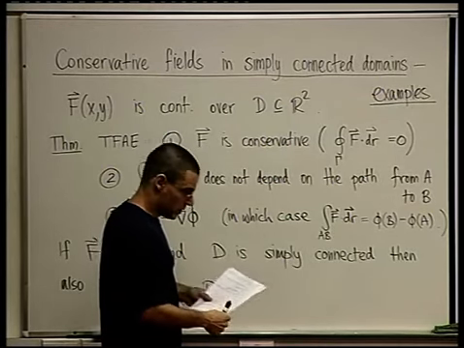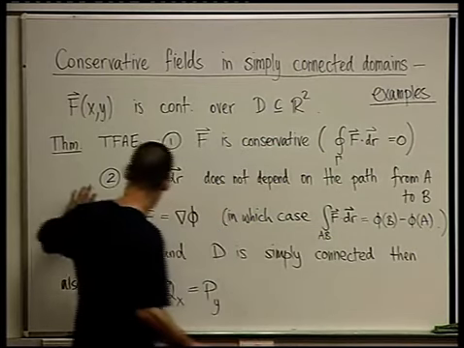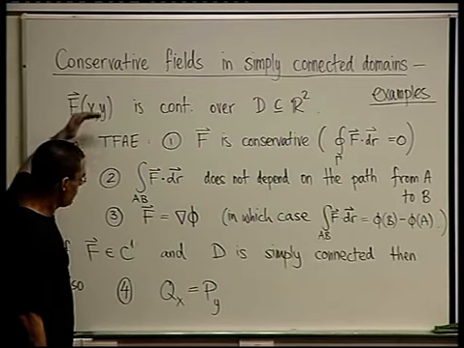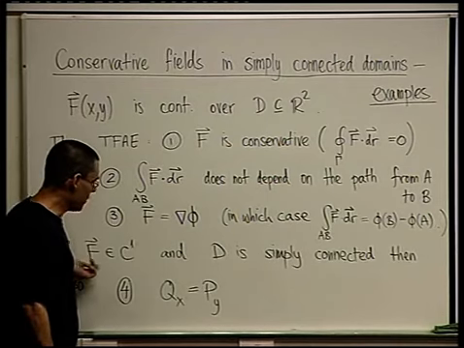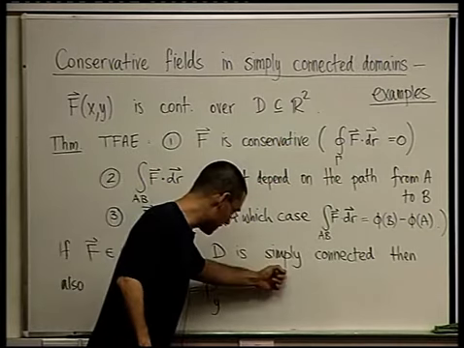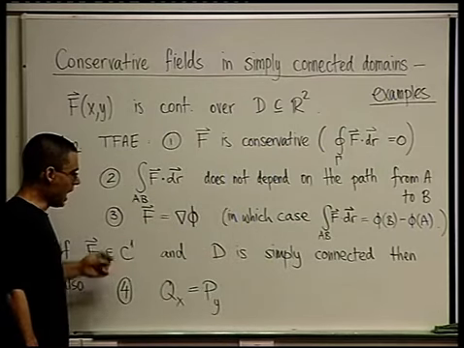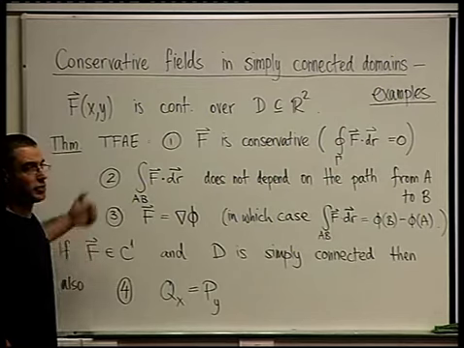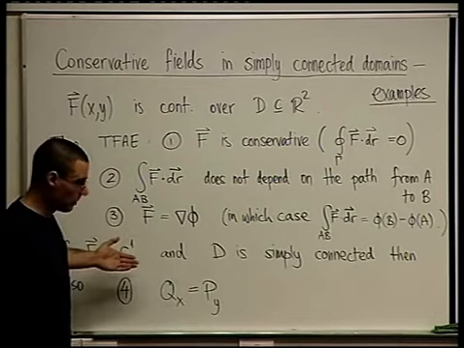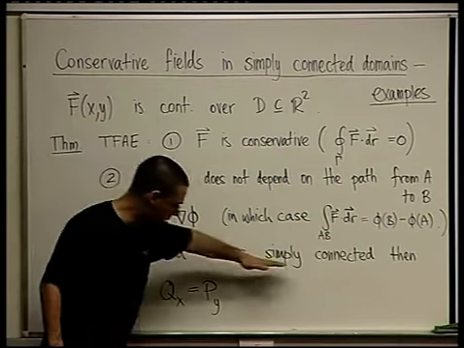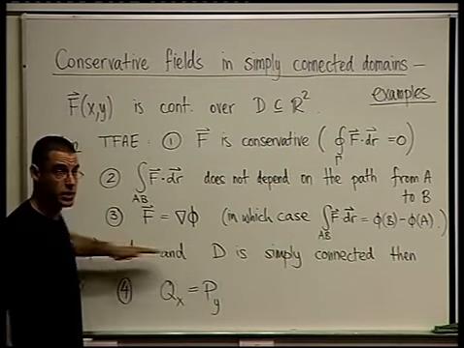I want to just make one final remark before we move on. So for this, remember that we required that the domain is simply connected and the field is C1. There are slightly stronger versions of this theorem that allow you to be a bit more flexible regarding these conditions. Okay?